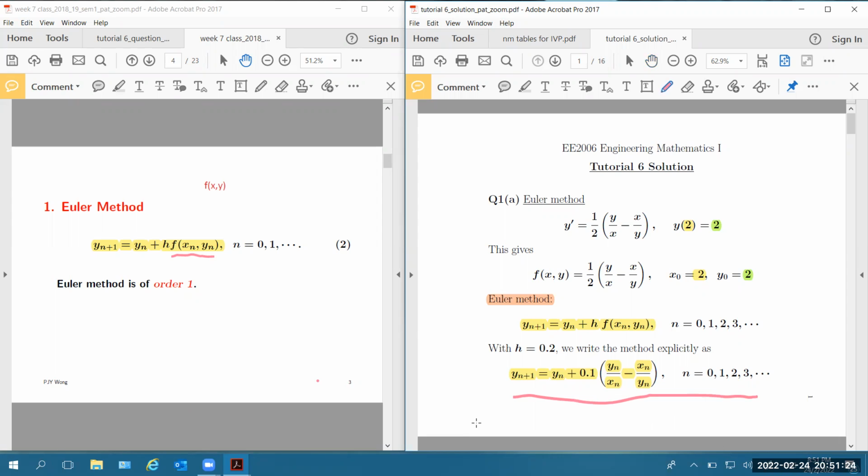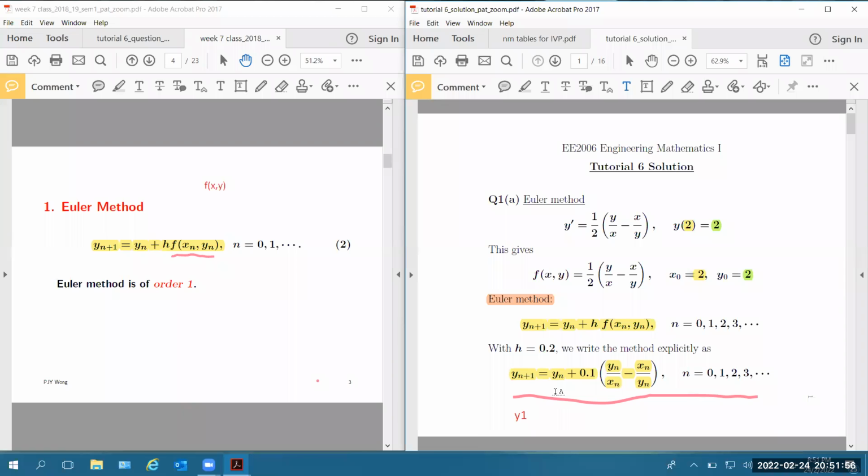Is that all right? So in this formula, you see your n here is from 0, 1, 2, 3, right? So of course you start from n equal to 0. So when your n is 0, then you have a y subscript. Hey, class, when your n is 0, what's your subscript here? Class, when your n is 0, what is your yn plus 1? It's 1.